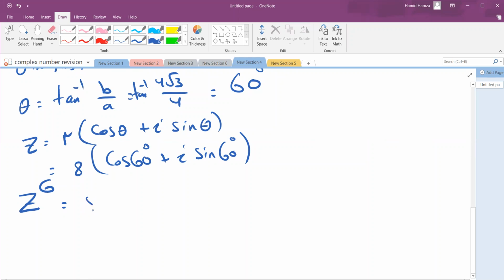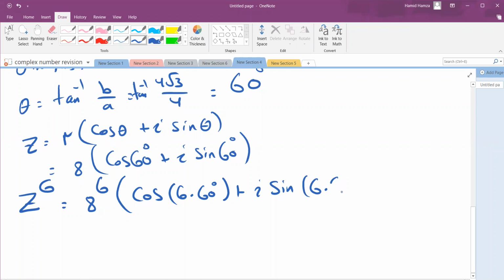It will be 8 raised to the power 6, cosine 6 multiplied by 60 degrees, plus i sine 6 multiplied by 60. So the modulus is raised to the power, and we multiply the power by the angle, or the argument, by 6.